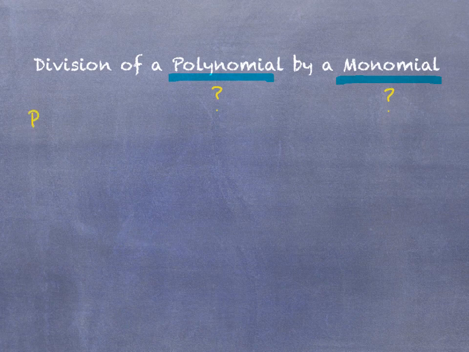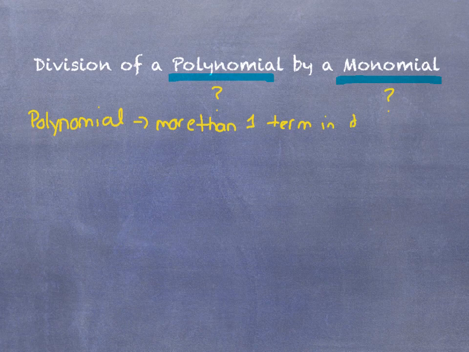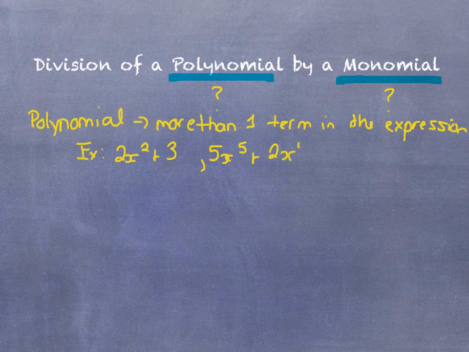So first, a polynomial usually has more than one term in it, right? So I'm just going to write more than one term in the expression. And remember, an expression is just a bunch of algebraic terms together. So some examples would be 2x squared plus 3, or 5x to the 5 plus 2x to the 4 plus 3.